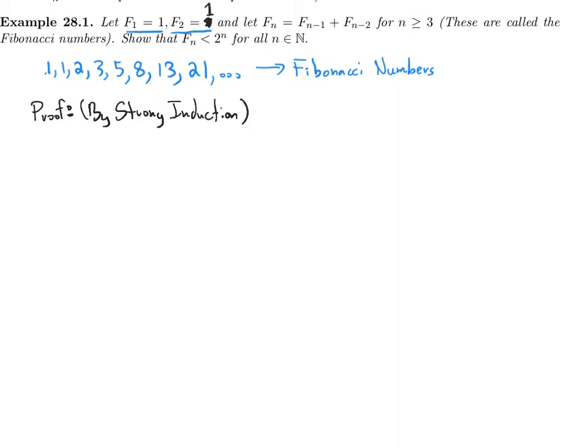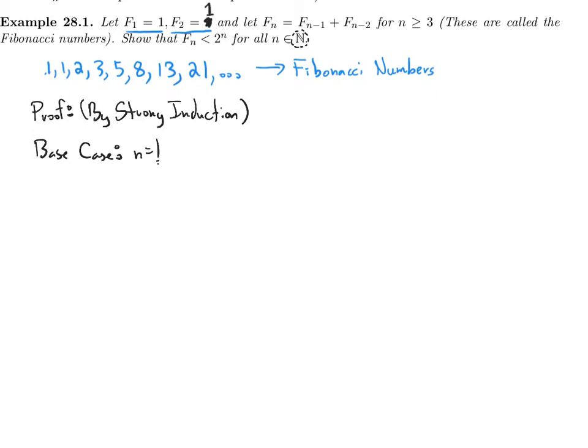Okay. Well, our base case is when n equals 1. That is the least element in our set. Our set is indeed the natural numbers, and the least element of the natural numbers is 1.